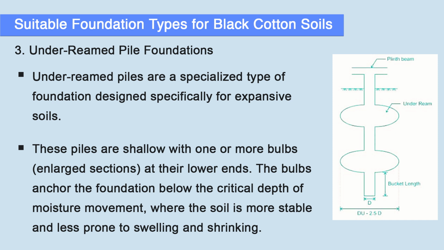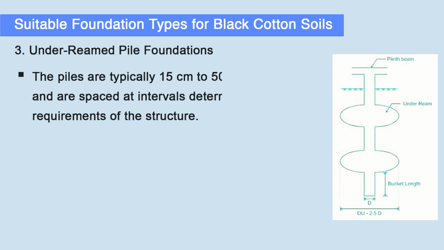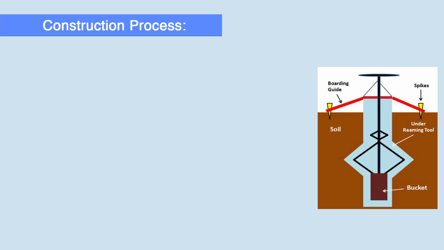These bulbs anchor the foundation below the critical depth of the moisture movement, where the soil is more stable and less prone to swelling and shrinking. The piles are typically 15 centimeter to 50 centimeter in diameter and are spaced at intervals determined by the load requirement of the structure. Then the next is construction process.